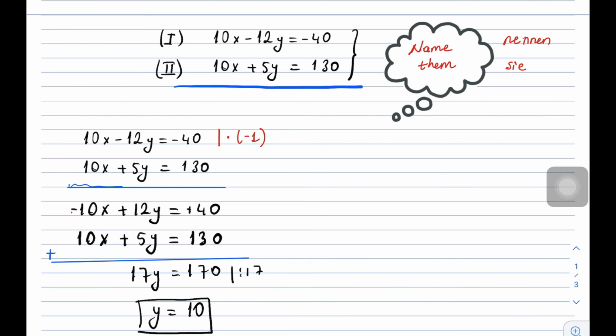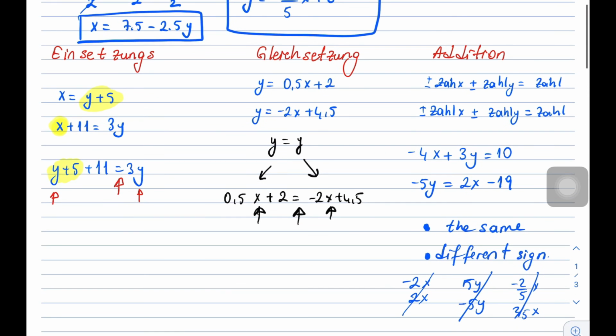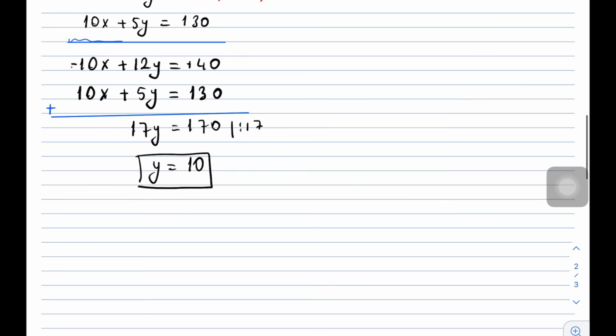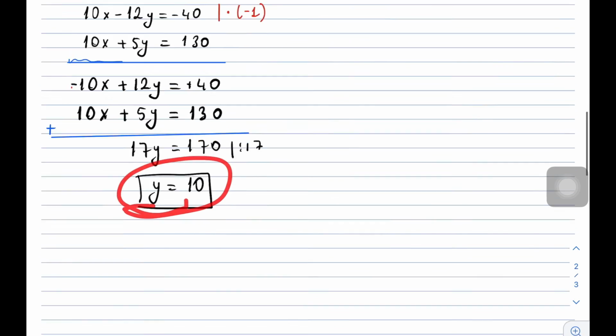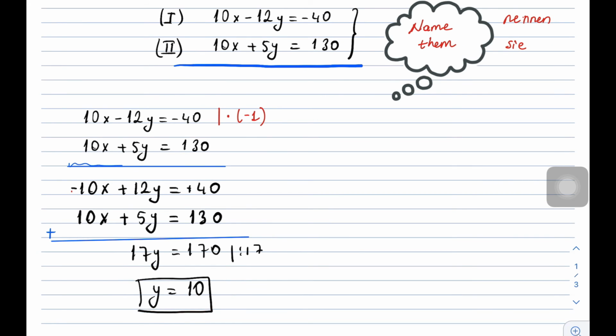Now x is left. Think about which one you are going to use: Einsetzung, Gleichsetzung, or Additions? Of course, Einsetzung is easy, right? Because you know that y is equal to 10. Okay, Herr Kutsu, where am I going to put it? Here or here?